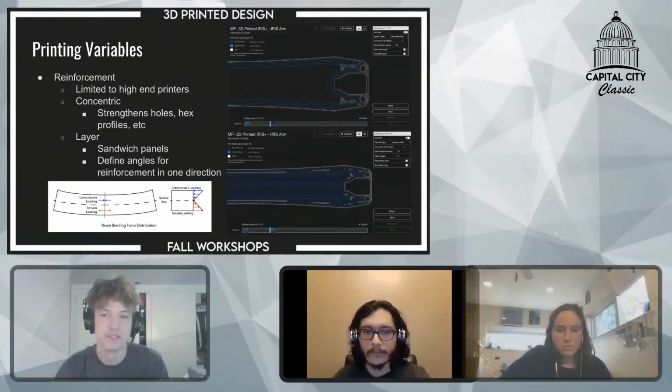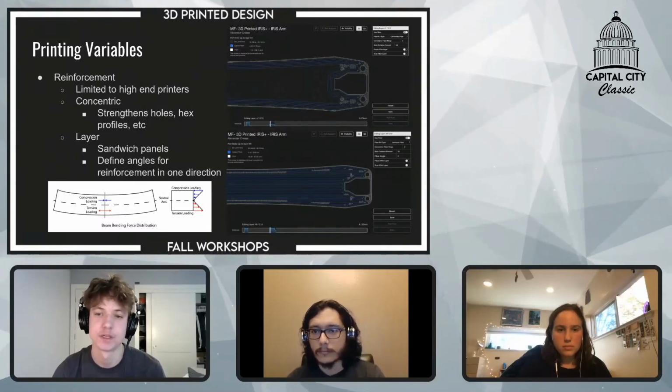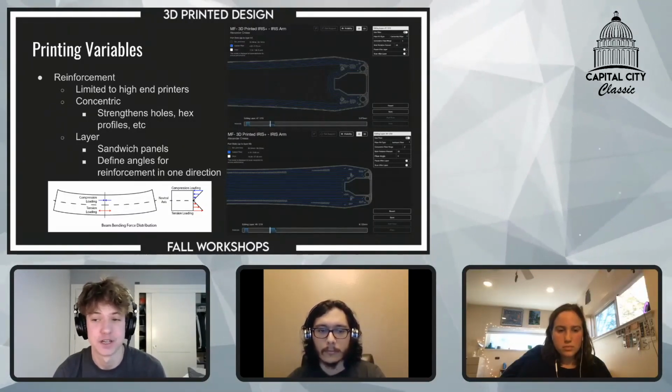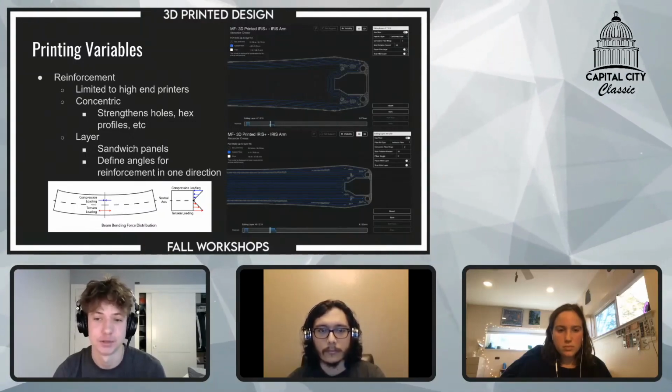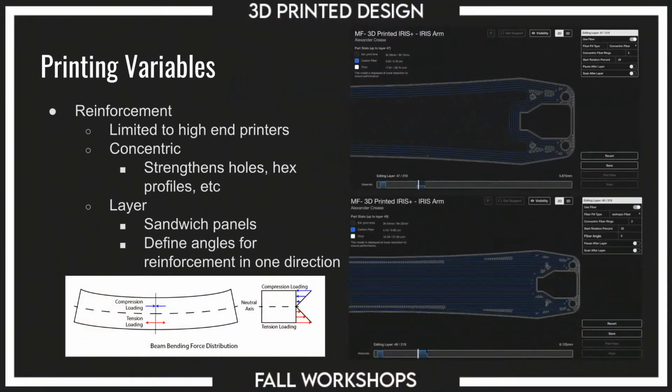All right, and this slide is more specific to the higher end printers like the Markforged. If you're careful about how you do it, adding thin layers of reinforcement material can really increase the strength of your part. So common materials are carbon fiber, fiberglass, and Kevlar. On 1678, we have a Mark II printer with carbon fiber as the additional reinforcement material.